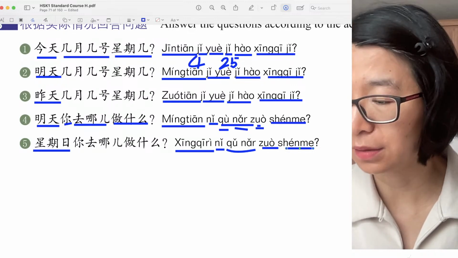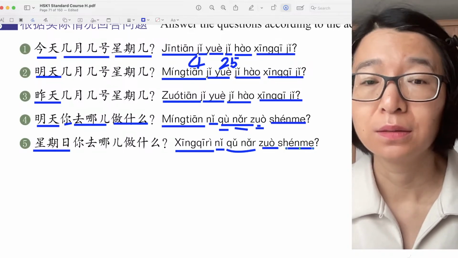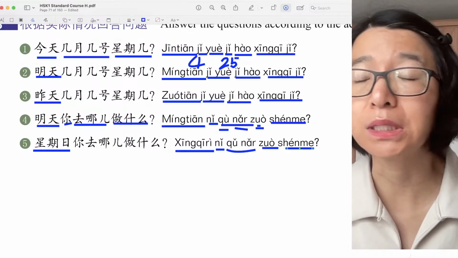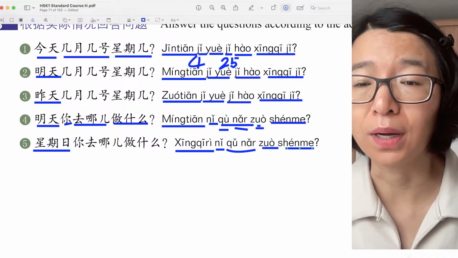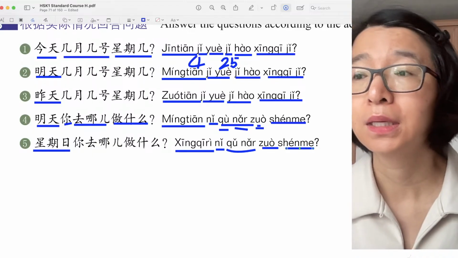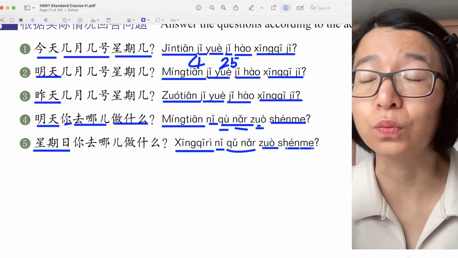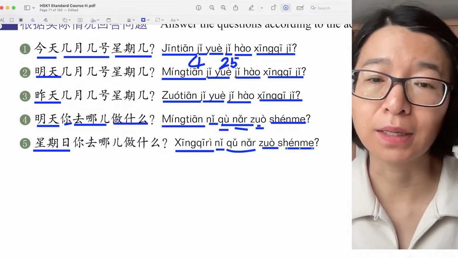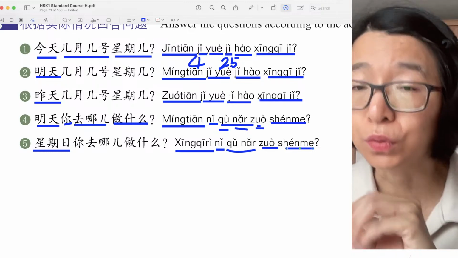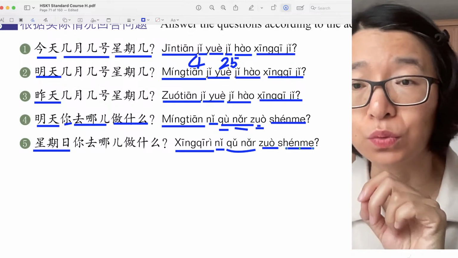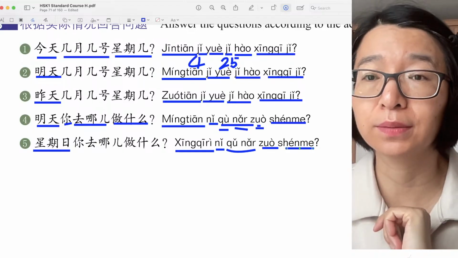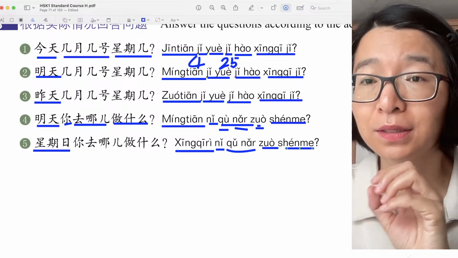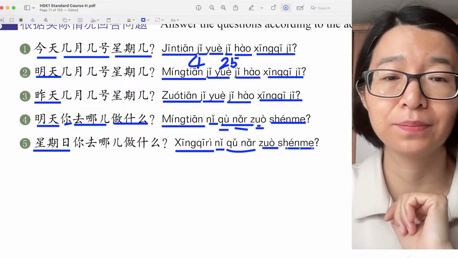I can have the same question, for example. I'm going to go to the library to read a book. So 星期日我去图书馆看书。Sunday I will go to the library to read a book. 去图书馆看书。去公园野餐。Go to the park to have a picnic.